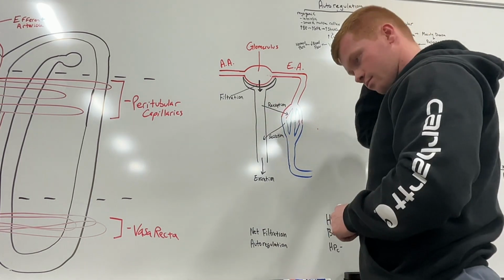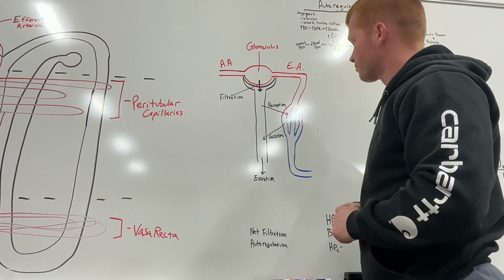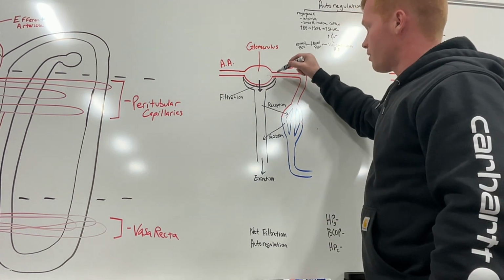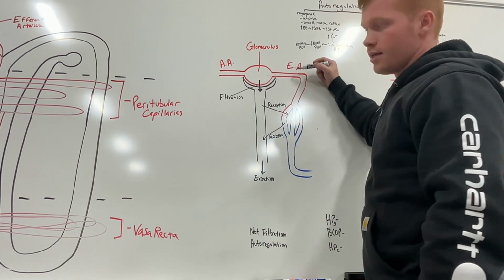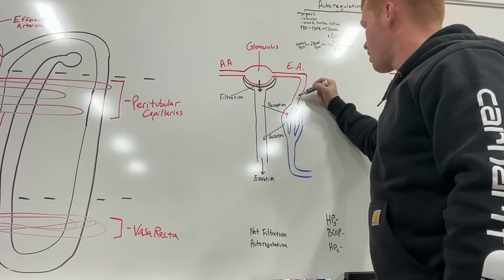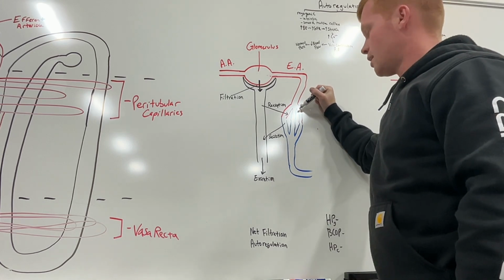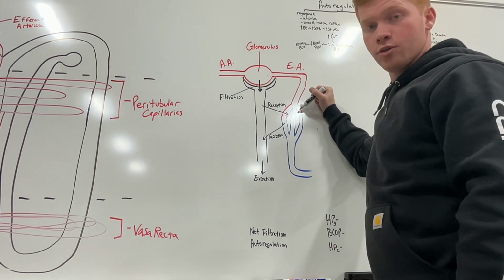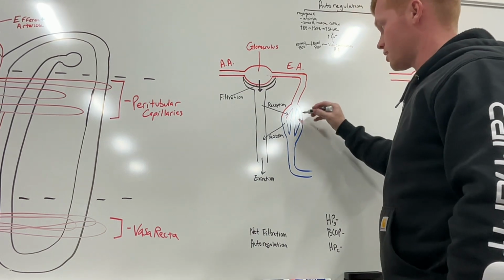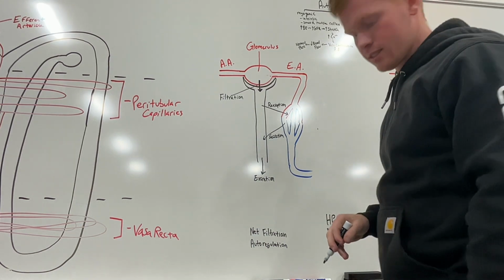And then after the glomerulus, it will continue to the efferent arteriole. It'll move down to the peritubular capillaries. That's what this is, peritubular capillaries.